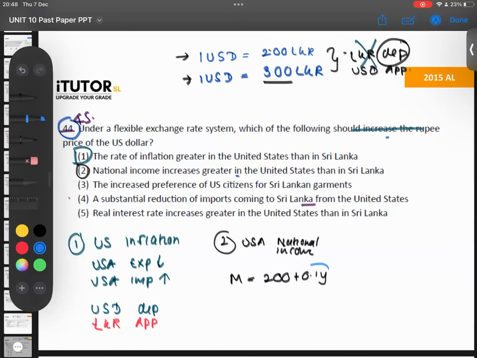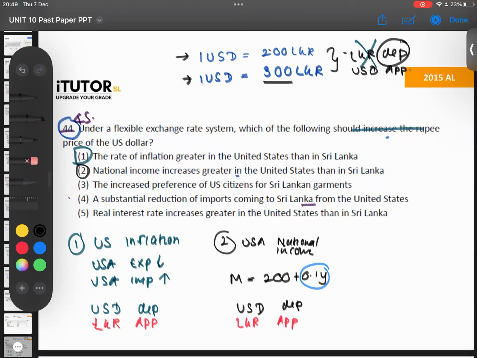If your y increases, imports will increase. So if USA's imports are increasing, what will happen to the US dollar? US is importing more and more goods, so the US dollar will depreciate. And then what happens to the LKR? LKR will appreciate. That's number 2.